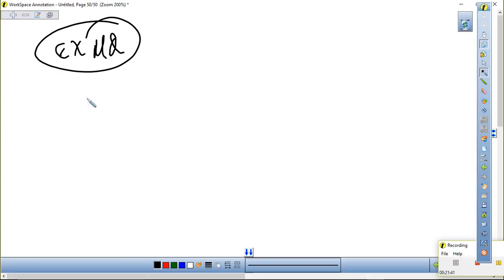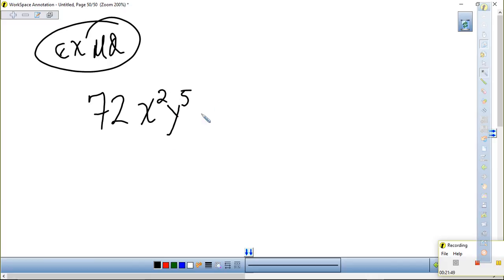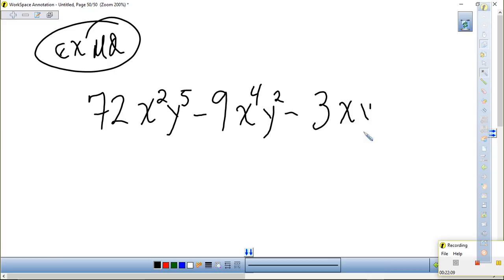Ready? 72x squared y to the 5th minus 9x to the 4th y squared minus 3xy plus 3xy to the 5th.